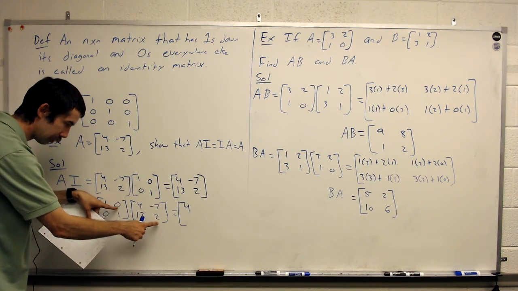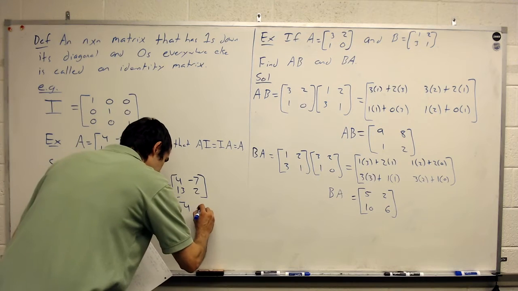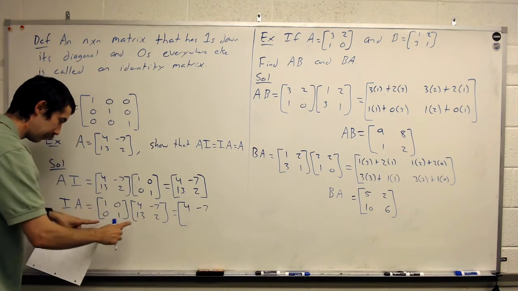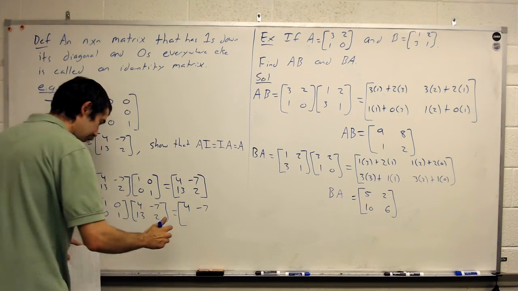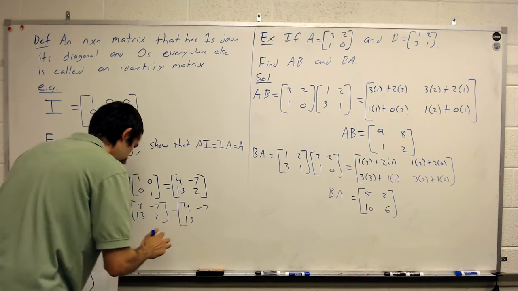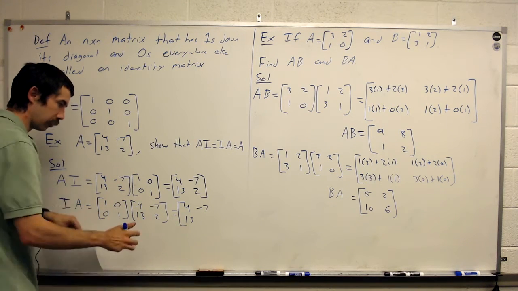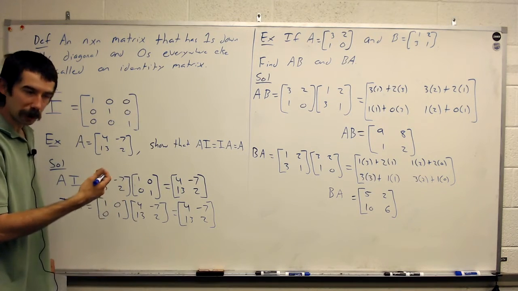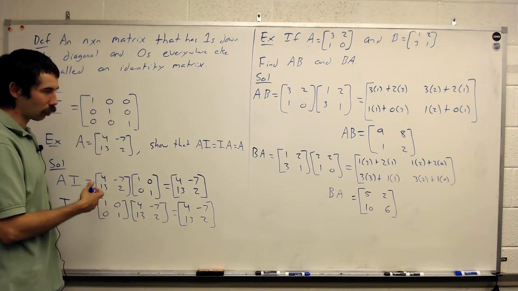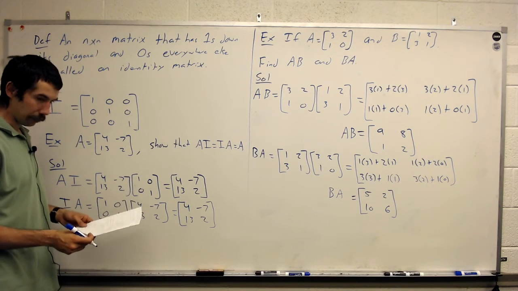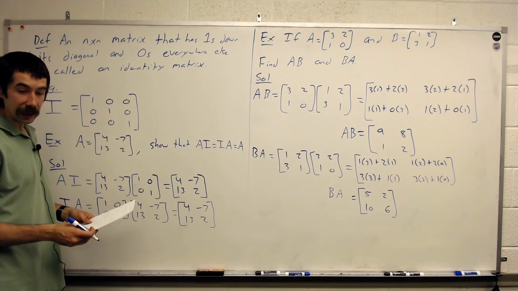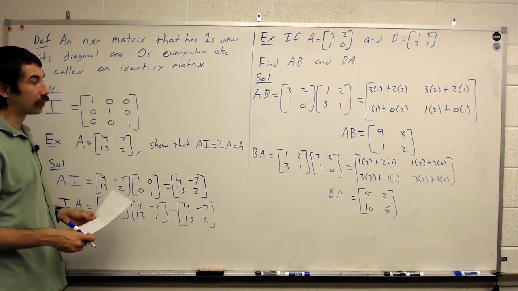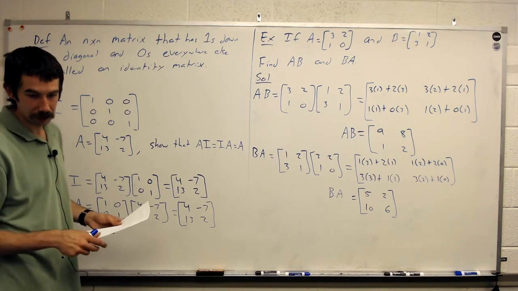Negative 7 plus 0. Okay, bottom left, 0 plus 13. And 0 plus 2. So when we multiply on the left by the identity matrix, or if we multiply on the right by the identity matrix, either way, we're getting the matrix we started with.